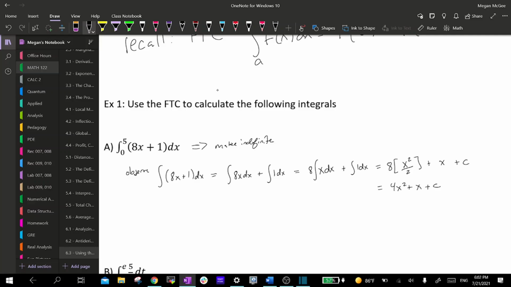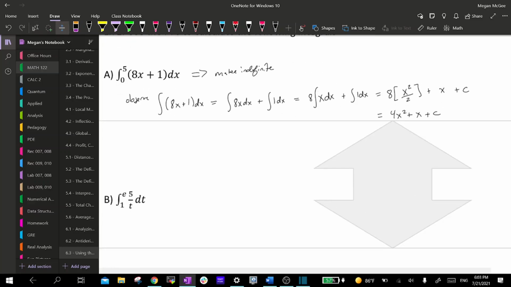But we were given a definite integral. We were given from 0 up to 5. So what we need to do is evaluate our general antiderivative at 0 and at 5. So I need some more space.